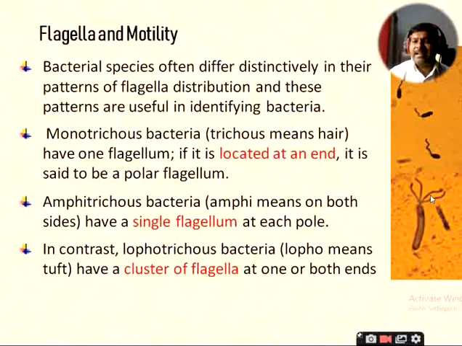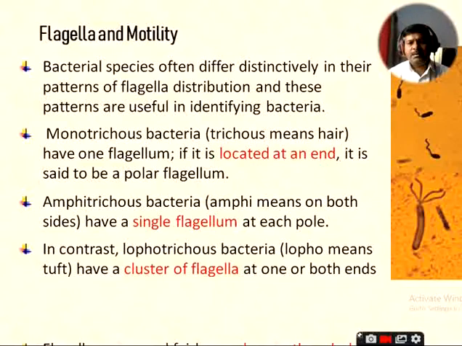That means there is no single flagellum or two flagella here, but a cluster of flagella arranged at one side or both sides. That type of bacteria is called lophotrichous bacteria, and the flagella are called lophotrichous flagella. Is it okay?